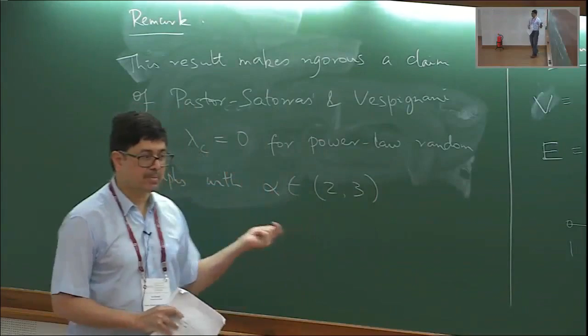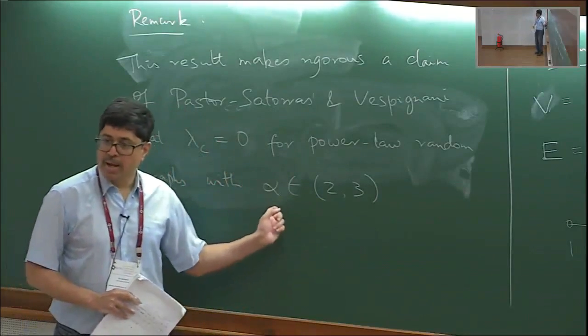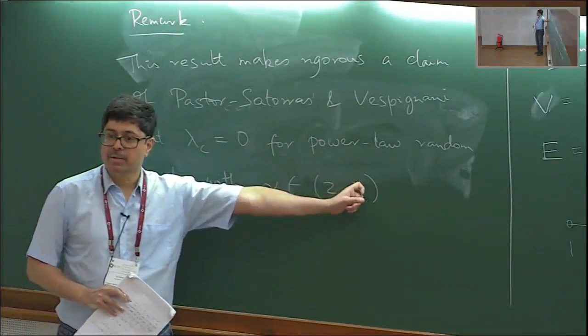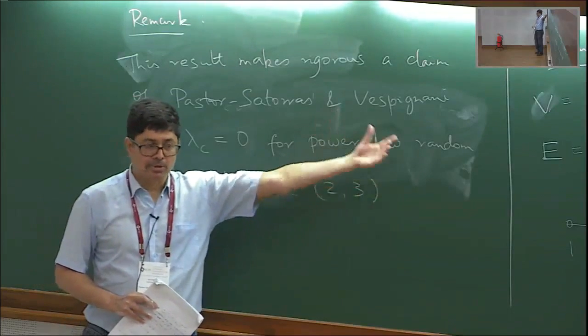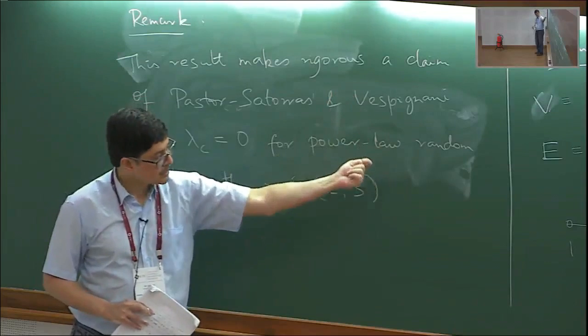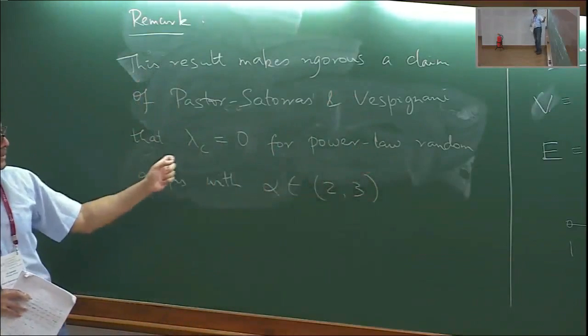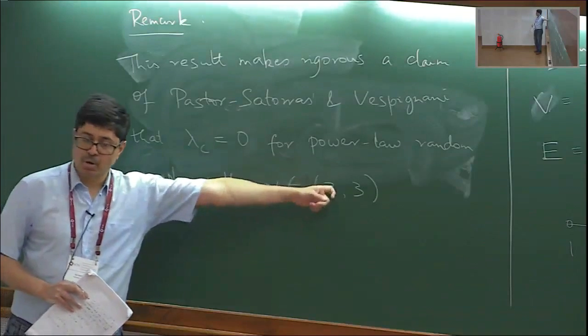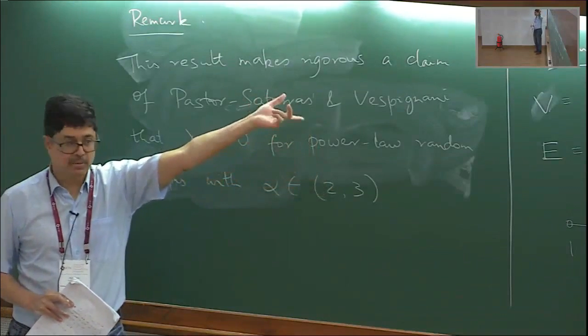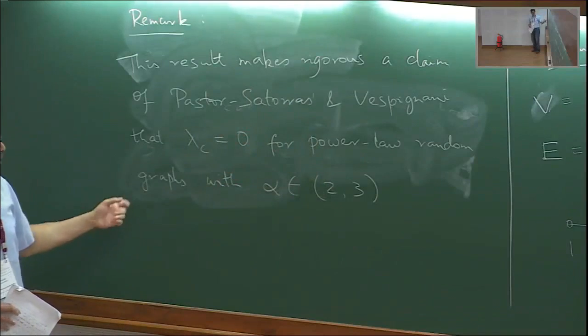They used mean field methods. And they also claimed that this would not happen for alpha bigger than 3, that there you would have a non-zero critical lambda. So their claim was in fact false for alpha bigger than 3. That was also shown by this result.